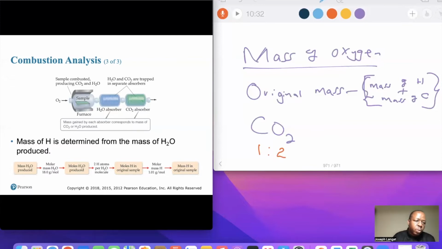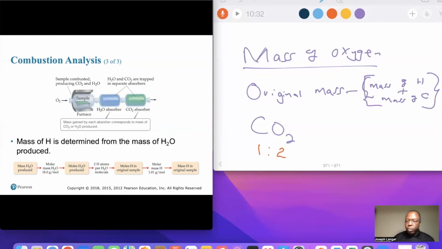This applies to H2O. This is for determining the mass of hydrogen. Hydrogen is obtained from H2O. So this is how you walk through finding the mass of hydrogen in the sample.